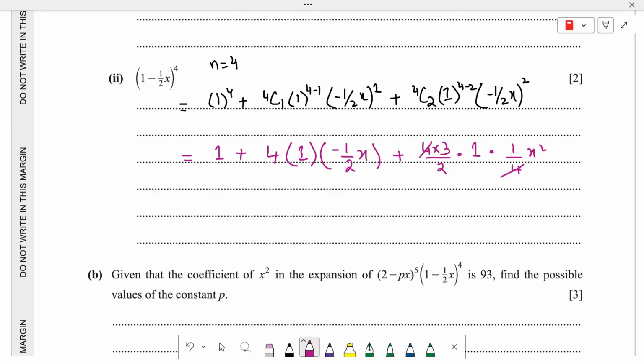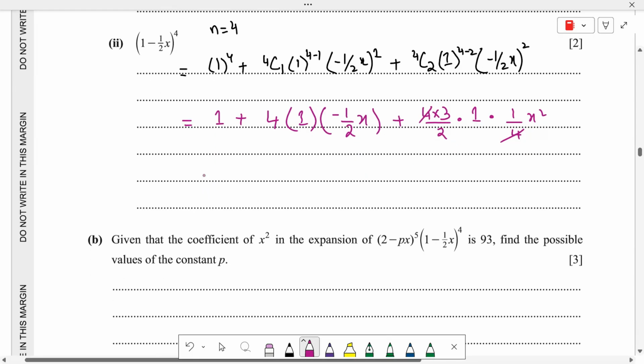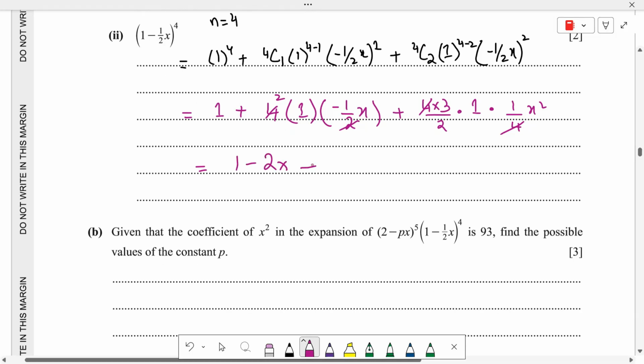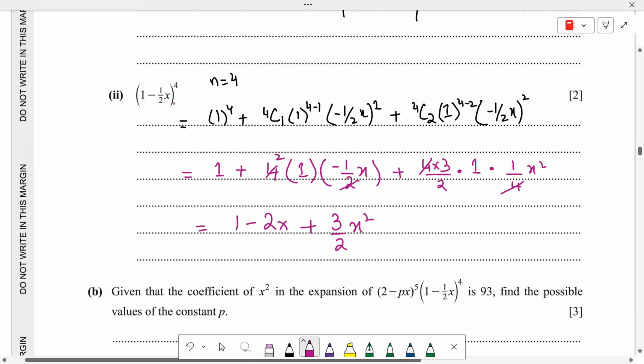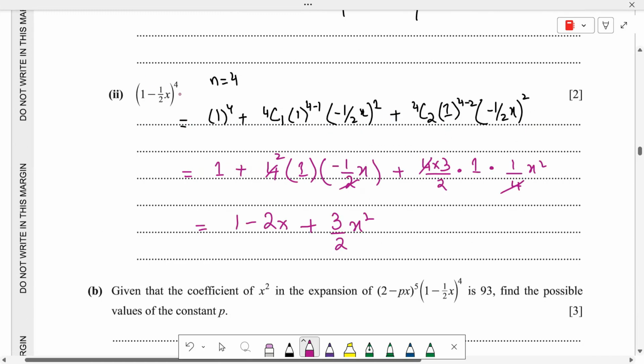This will cancel out, and we will have 1 minus 2x plus 3 over 2 x squared. So these are the first three terms for the expression (1 minus half x) to the power of 4.